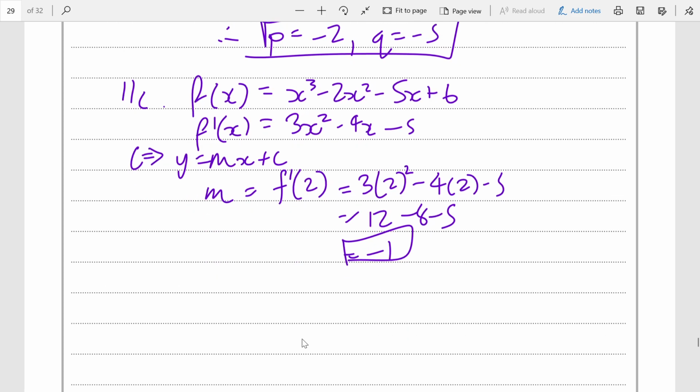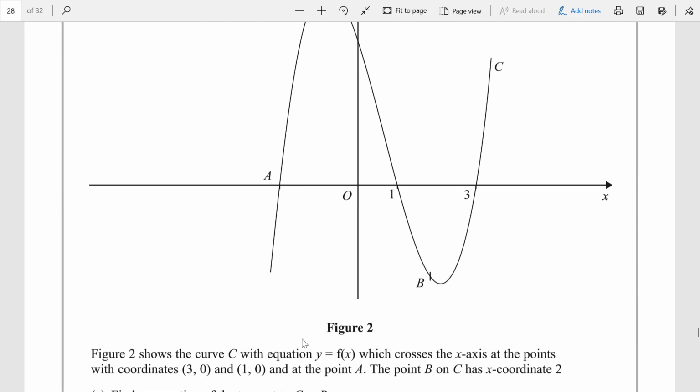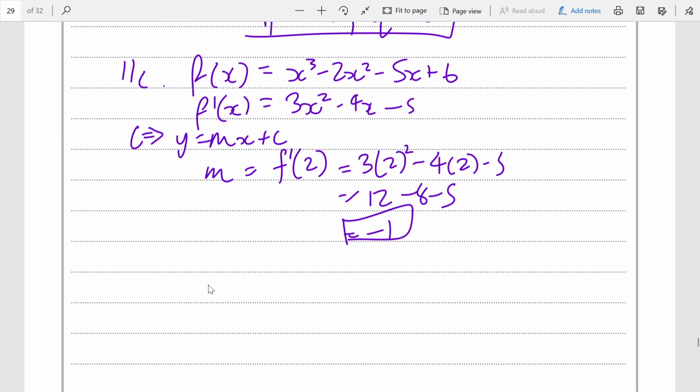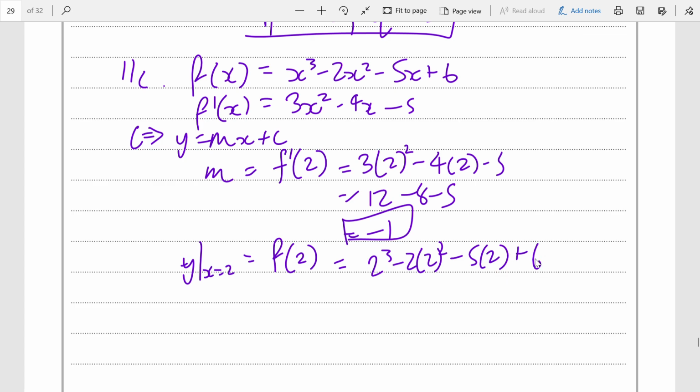And we want to find out what the y-coordinate is at this point here, or the coordinates of a point that it passes through. So y for x is 2 is going to be equal to f(2), which will be 2 cubed minus 2 times 2 squared minus 5 times 2 plus 6, or 8 minus 2 times 2 squared is 8, so these two cancel out, minus 10 plus 6, or this is just minus 4.